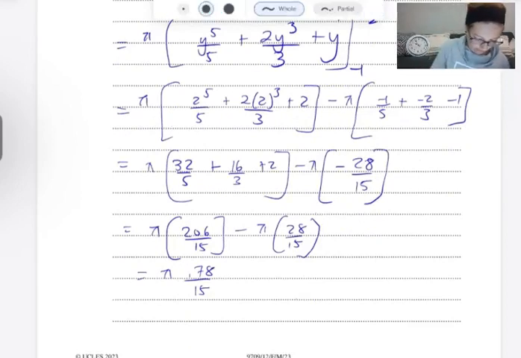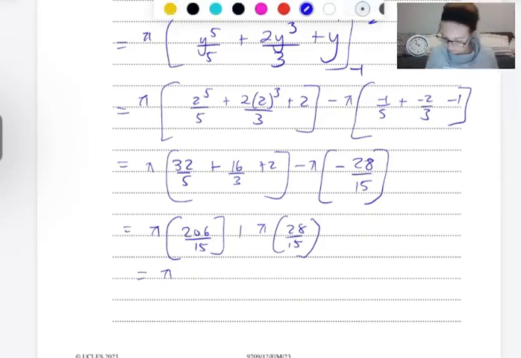How am I getting here? This is a lot less. Okay, so let me just see, minus 1. Minus 1 over 5. Minus 2 over 3. Minus 1. That should be minus 28 over 15. So this minus times a minus becomes a plus. That's what I didn't do. 206 over 15 plus 28 over 15.